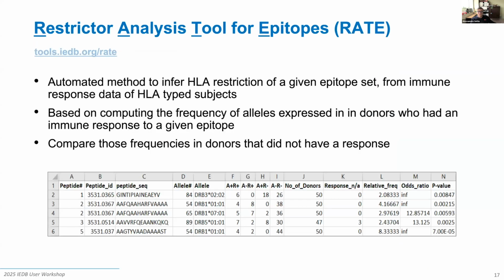So you may know, for example, in the classic autoimmunity genetic analysis, that ankylosing spondylitis is very strongly associated with HLA-B27. Okay, so what does it mean?